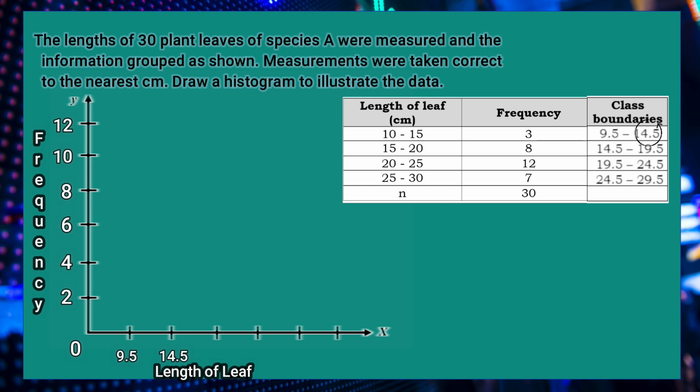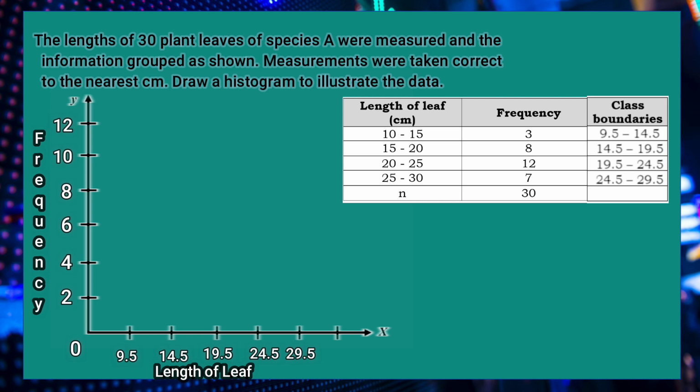Since the upper boundary of class 1 and the lower boundary of class 2 are the same, that value is already marked. So we then mark 19.5, which is the upper boundary for class 2, then 24.5, the upper boundary for class 3, then 29.5 for the upper boundary of class 4.